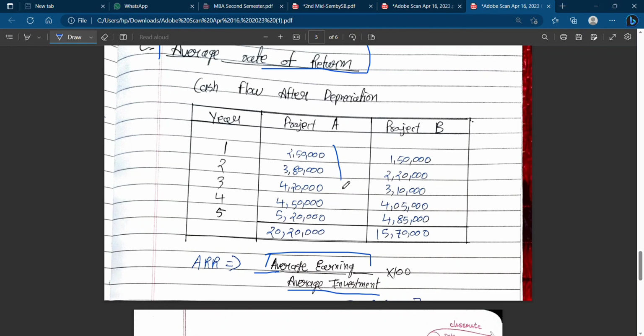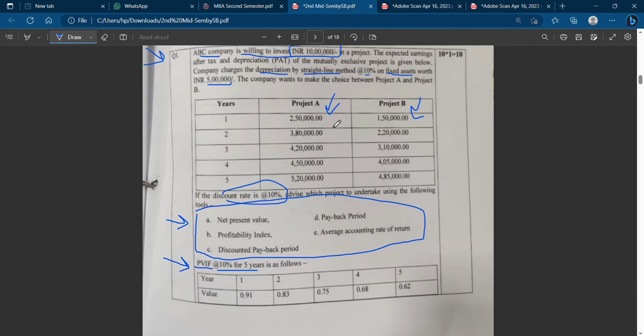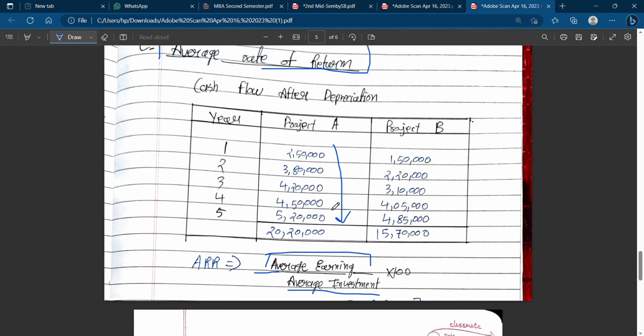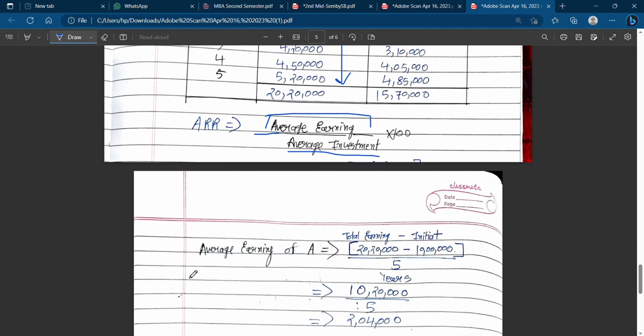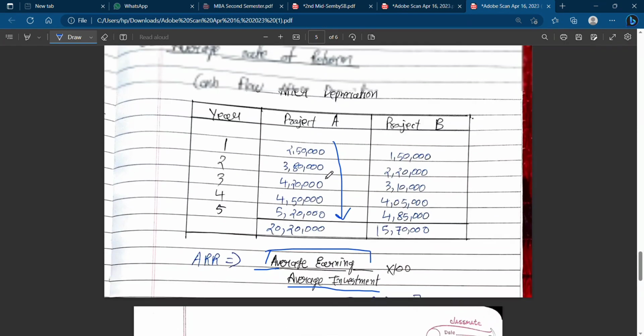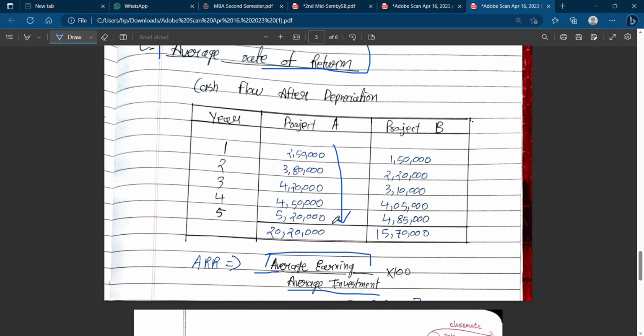Here I have written the values that were given in the question, because our earnings are after depreciation and after tax. After tax, these are our values, so we take those values, the values before adjustment, for calculating the average earning.